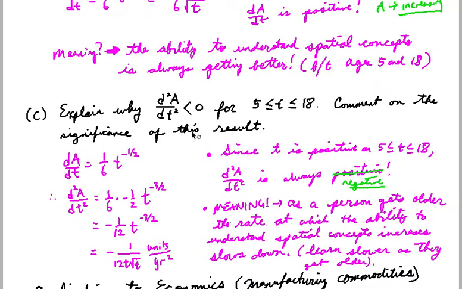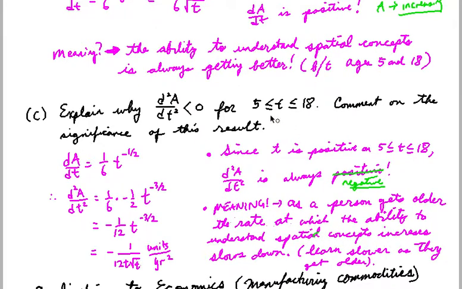And since it's concave down, since it's negative, it says that my dA/dt is decreasing, which means the rate at which the ability to understand spatial concepts increases is slowing.